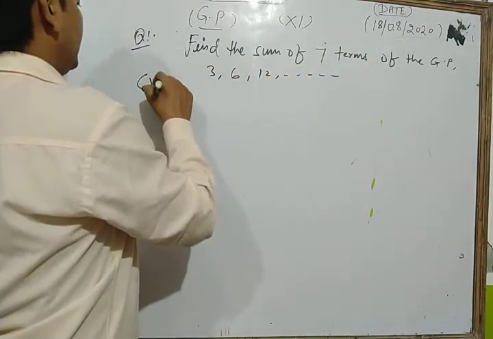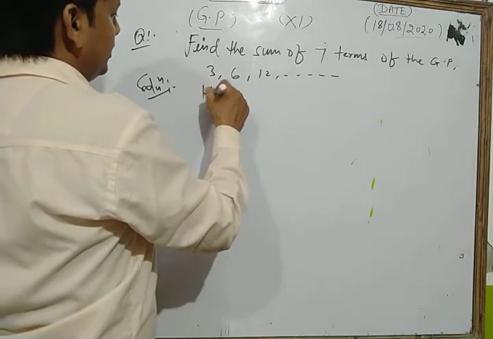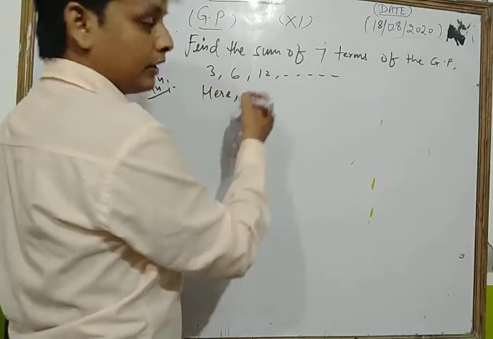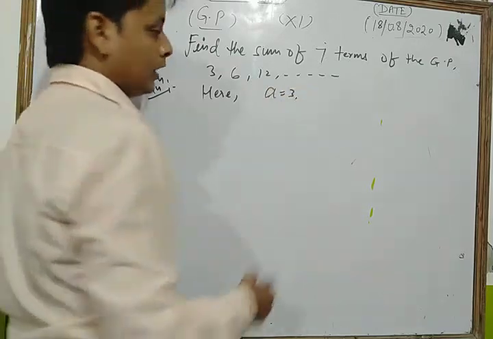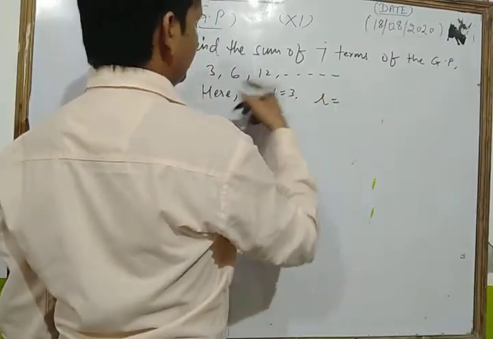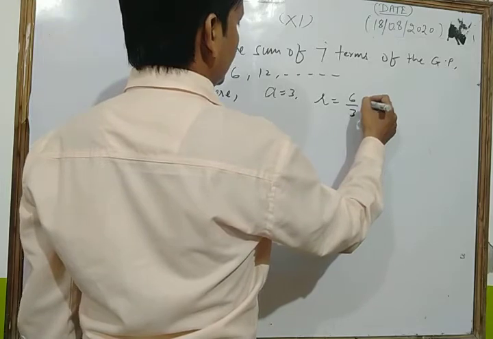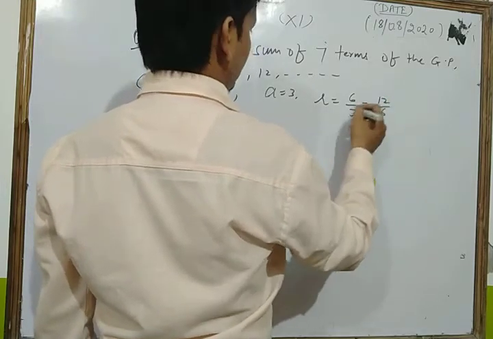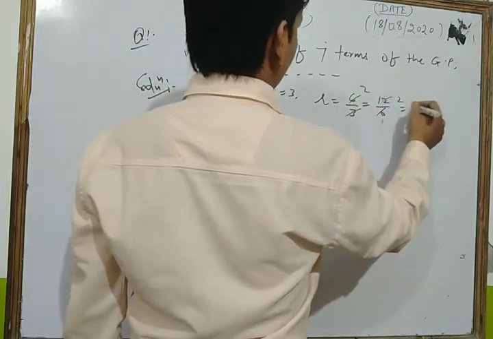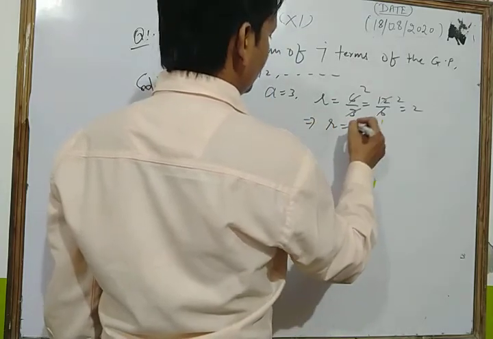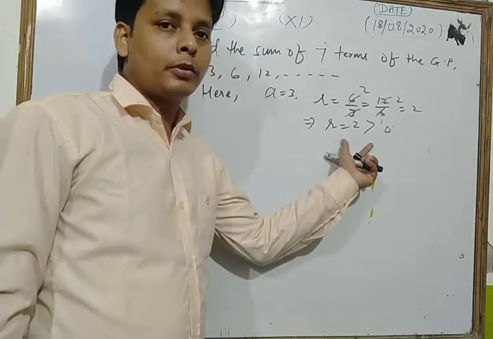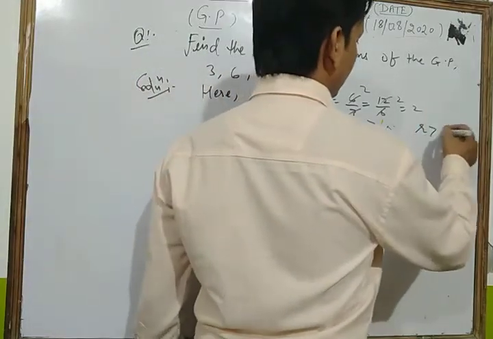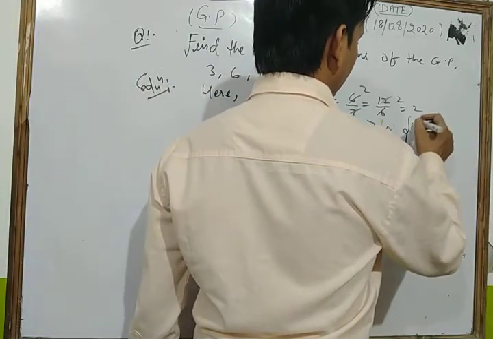Now let's solve it. Dear students, here the value of the first term is 3. Now the common ratio is 6 by 3, which is equal to 12 by 6, each equal to 2. So the value of r is equal to 2, which is greater than 1. Here the common ratio is greater than 1.